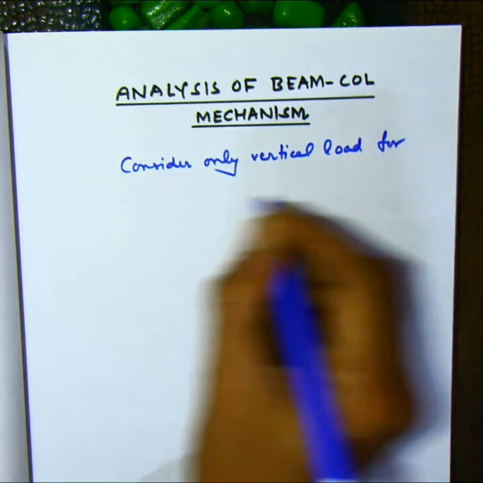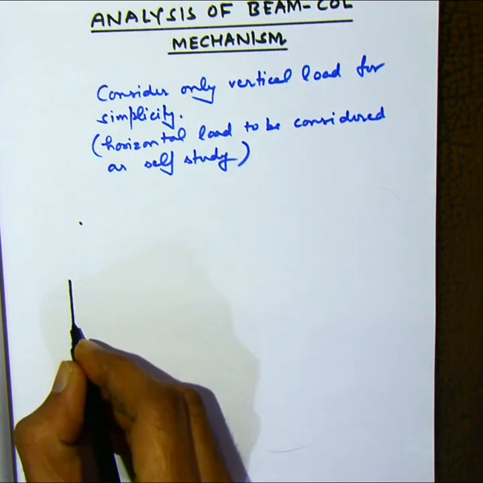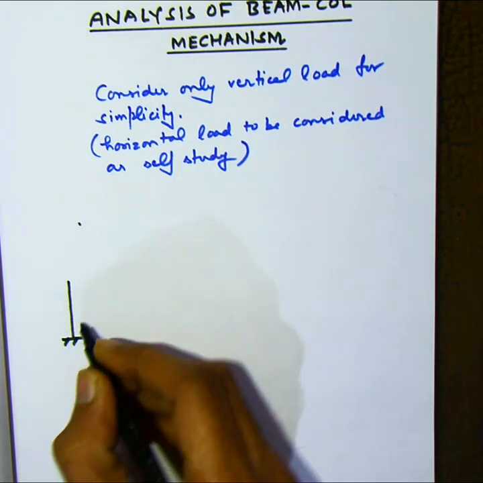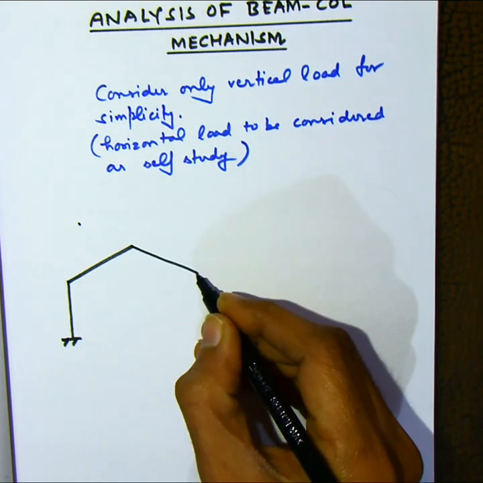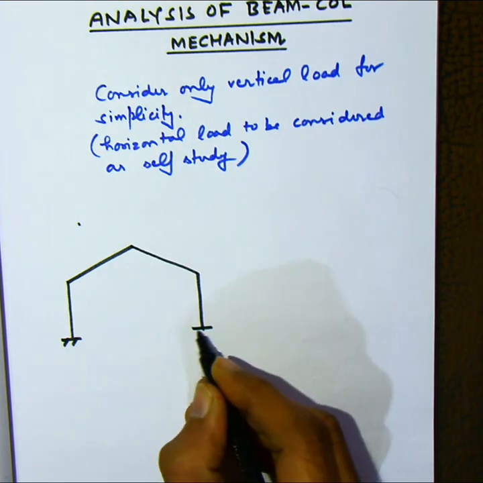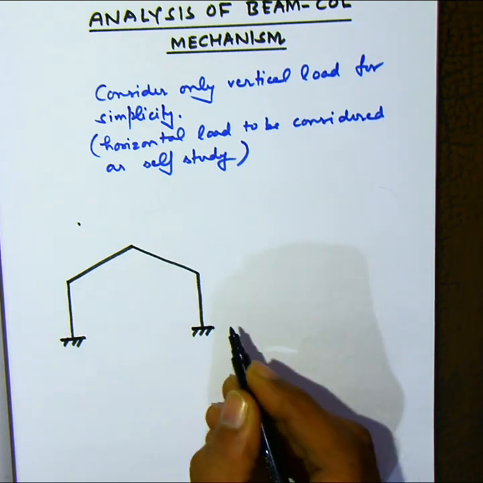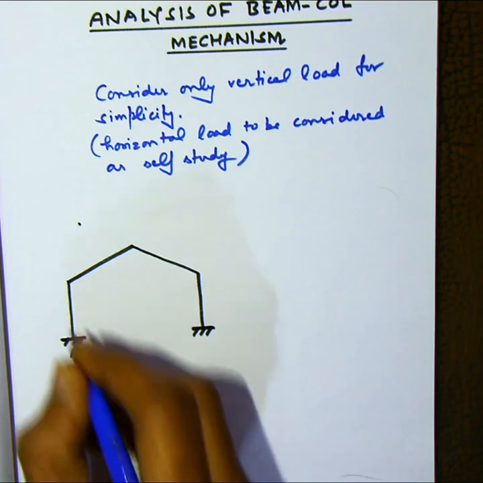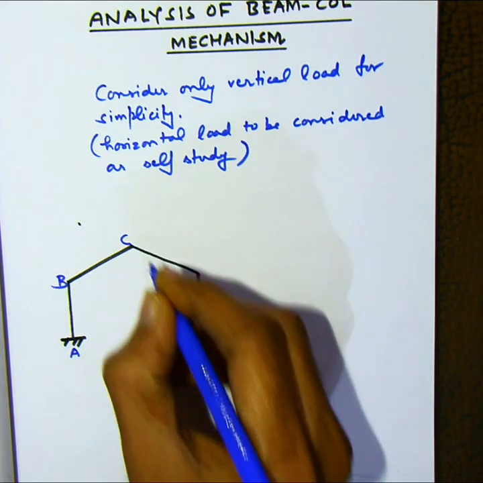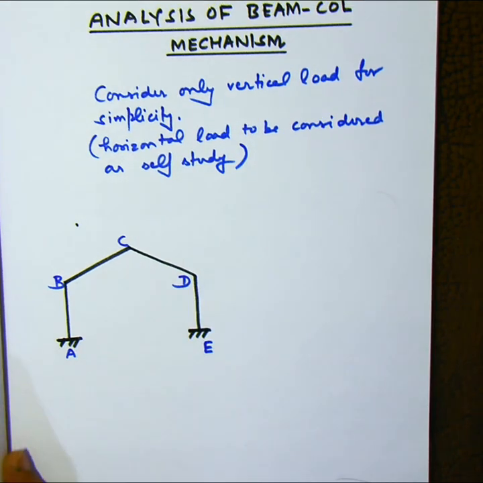So now please pay very careful attention to how we are doing it. The vertical load is acting at the crown, and this is the failure load of this particular mechanism.